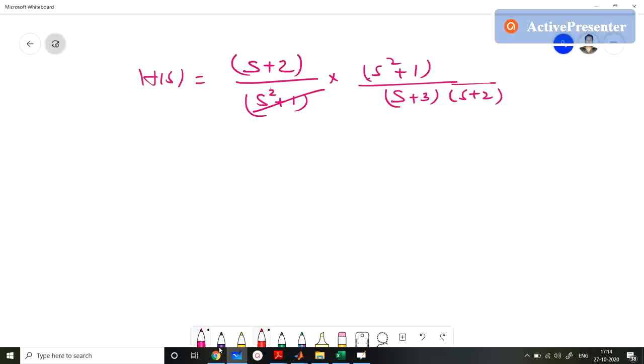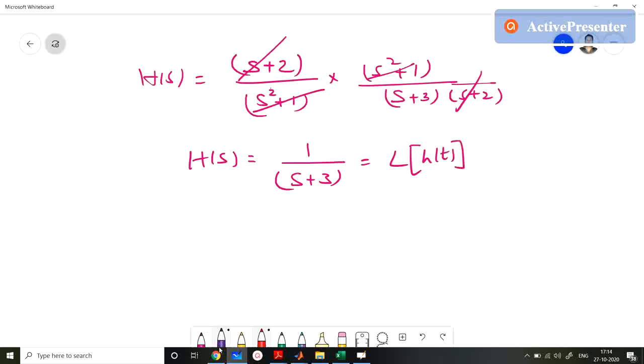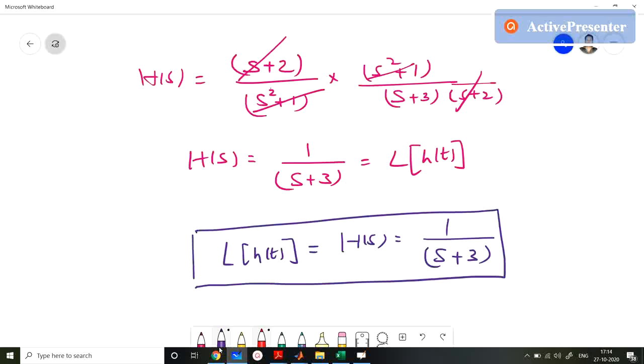Now this cancels out and this also cancels out. Then finally H(s) is equal to 1 divided by (s + 3), which is the Laplace transform of h(t). This is our final answer.